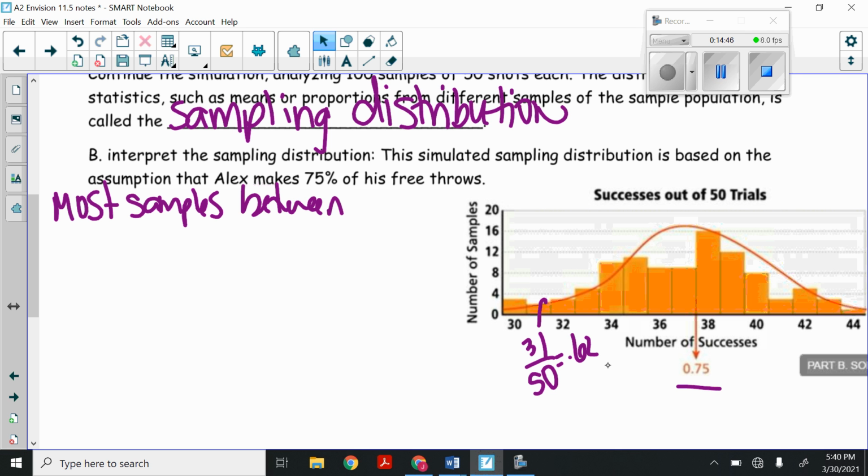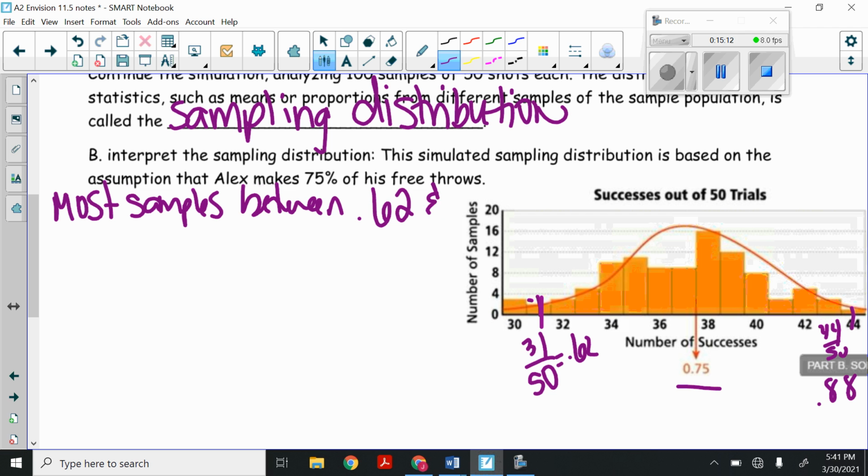And then over here, 44 out of 50, which gives us 0.88. So most of the samples are between 0.62 and 0.88. That's where the majority of them lie.